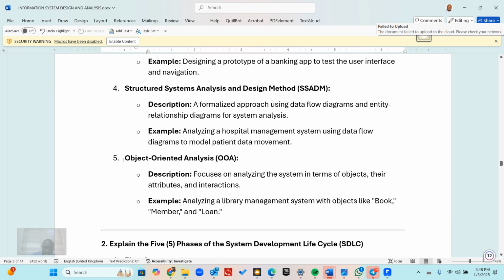So the last one here is object-oriented analysis, OOA. Description focuses on analysis of system in terms of objects and their attributes and interactions. Analyzing library management system: objects like book, member, loan, and their attributes and interactions.